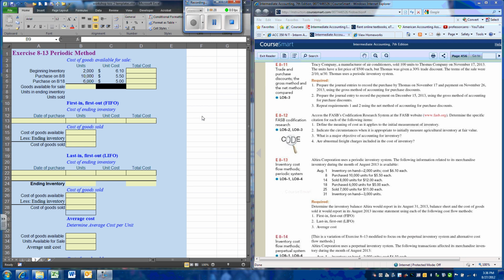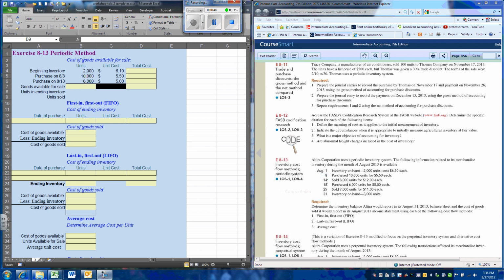At the end of the accounting period, the company will count its physical inventory. Before we can calculate cost of goods sold, we have to place a value on those units that are in the ending inventory. So let's take a look at exercise 8-13.